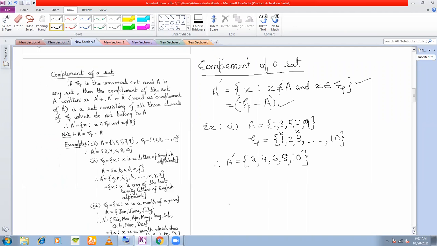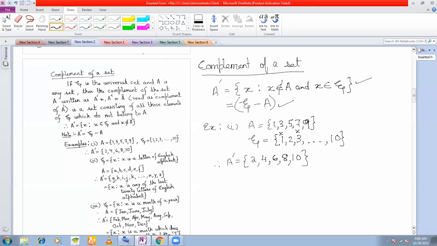Sir, I'm saying that if we consider 1, 3, 5, 7, 9 as B, then in place of A dash there will be B dash. I could not get you, repeat your question. I'm saying that if we consider B in the place of A, then the answer will be in B dash.